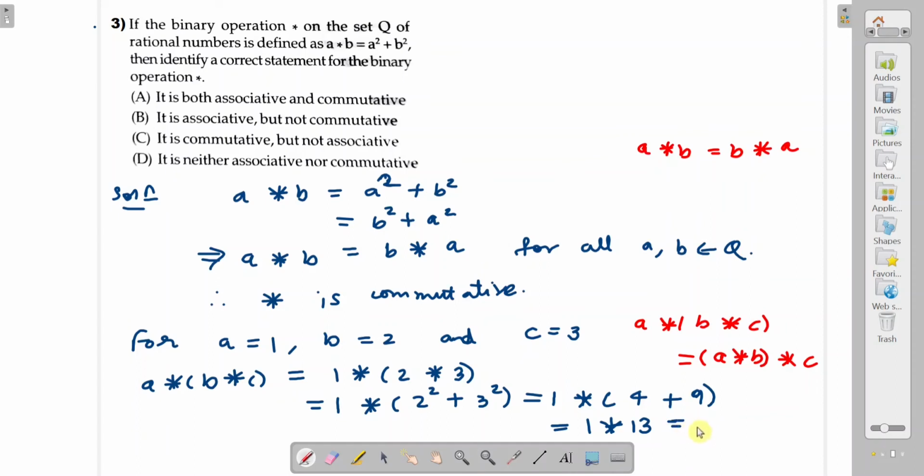So again, by definition of star, we will get 1 square plus 13 square, that is 1 plus 169, so that will be equal to 170. So a star bracket b star c is 170.